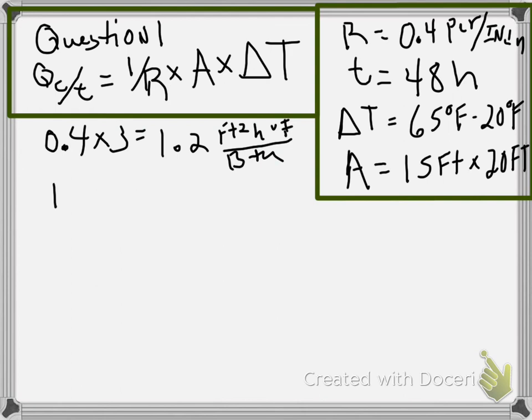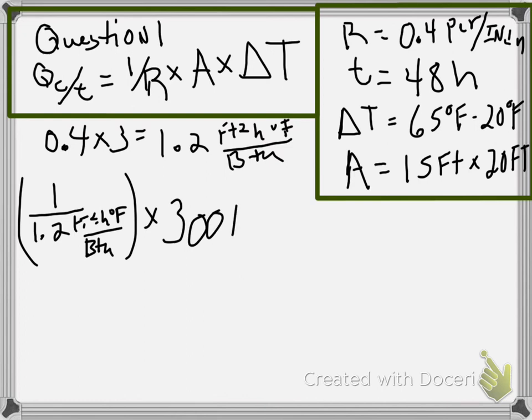So I'm going to do 1 divided by my 1.2 feet squared hours degrees Fahrenheit over BTU, all times the area of 300 feet squared, times my change in temperature of 45 degrees Fahrenheit.